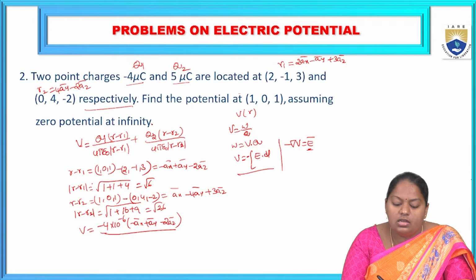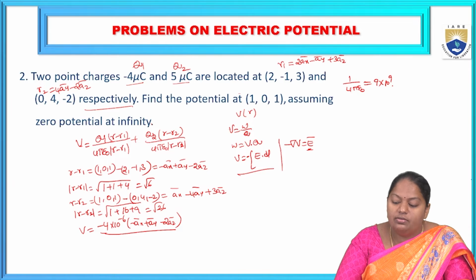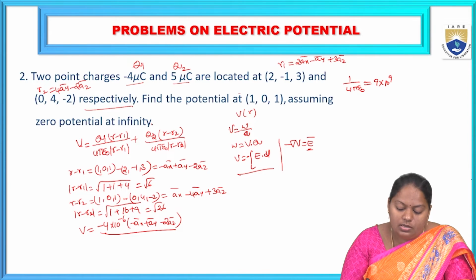Instead of 4 pi epsilon naught, we use 1 by 4 pi epsilon naught, whose value is 9 into 10 power 9 meters per farad, divided by root 6 in the magnitude case.